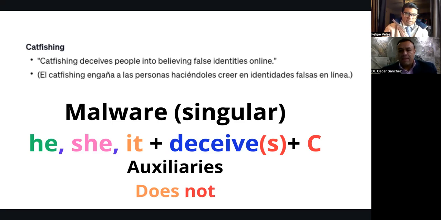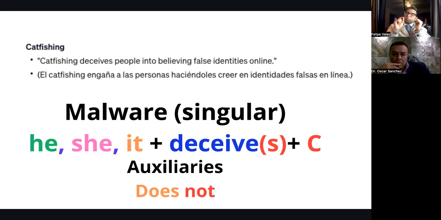Very good. Now, the translation. Pues el catfishing engaña a las personas haciéndolos creer en identidades falsas en línea. You see how two words actually make one. And here we have catfishing, an activity, a person in singular. So we say deceives.